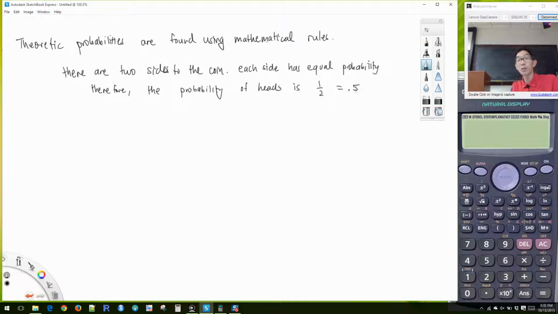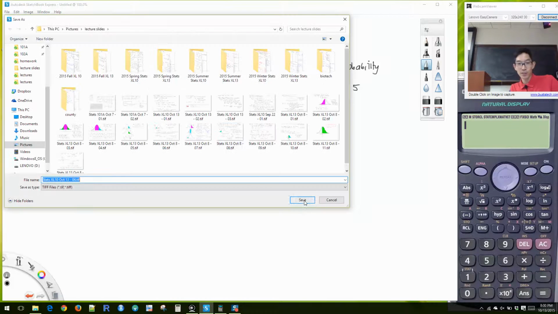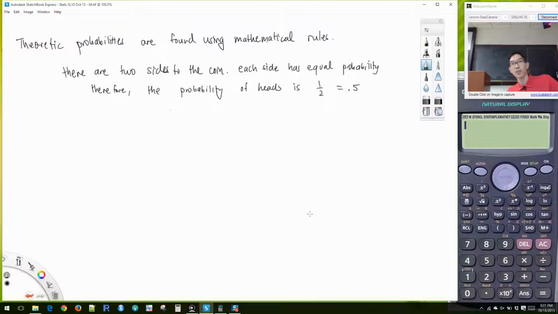So this is the theoretic probability. According to our understanding of physics, coins, and math, the theoretic probability that a coin lands heads is 0.5. And there's a whole bunch more rules that the rest of today is going to focus on.